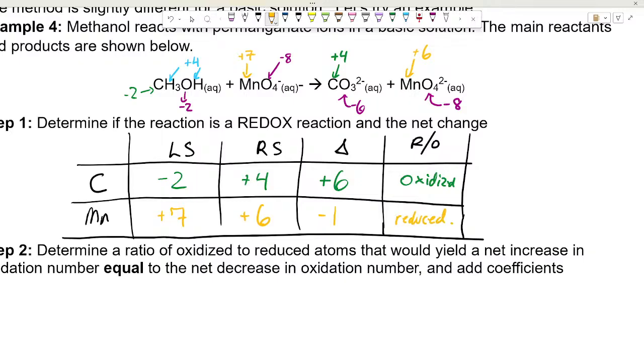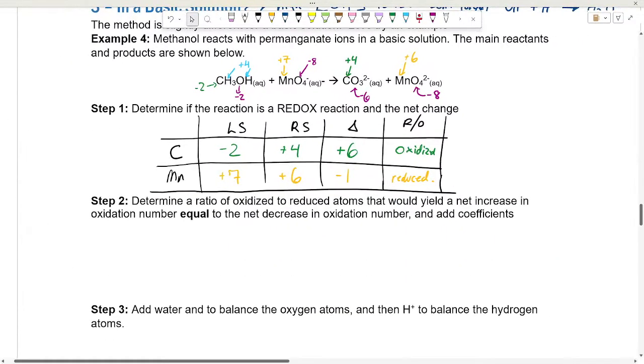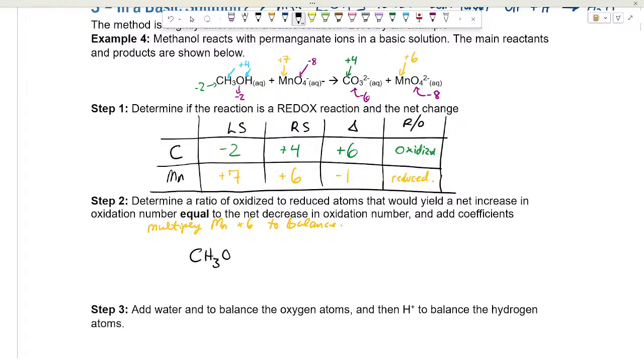What's the ratio here? 6:1. So that's easy. We need to multiply all of the what? Yeah, so multiply manganese by 6 to balance, right? So that means that this reaction will become CH3OH plus 6 Mn.